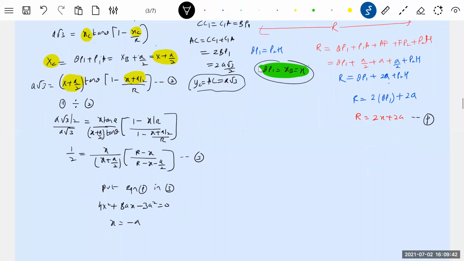Okay, we have to solve this quadratic equation. X equal to, this will be minus a. I'm not sure. Anybody, can you solve for x? Solve for x. X in terms of a.